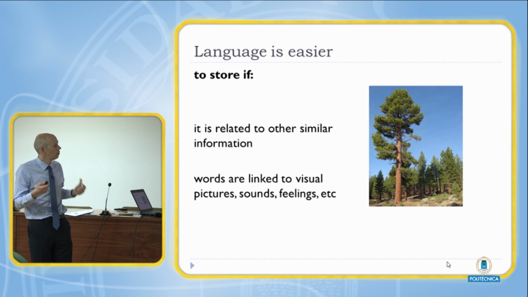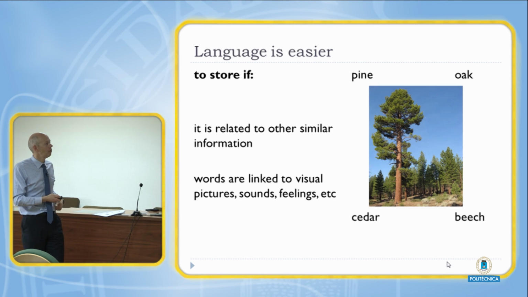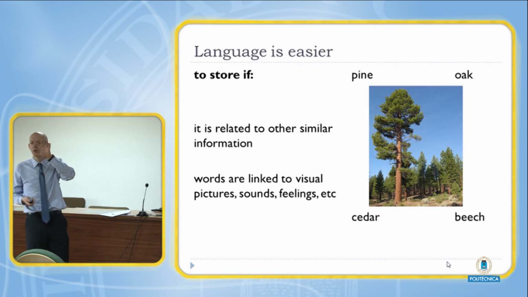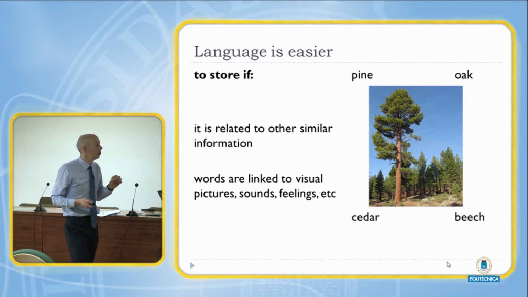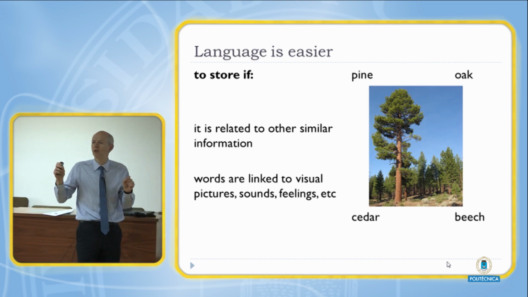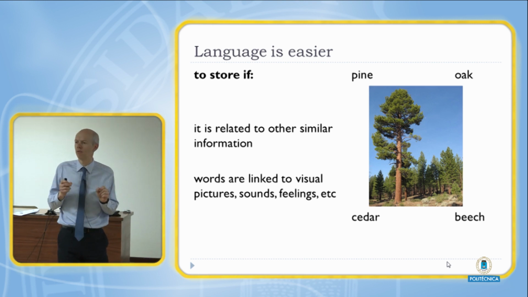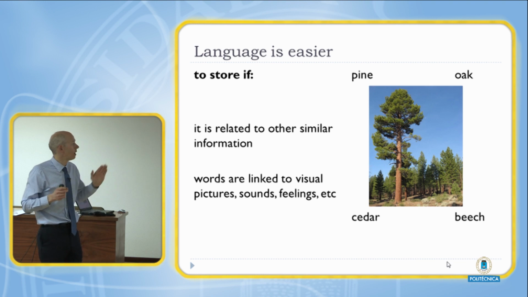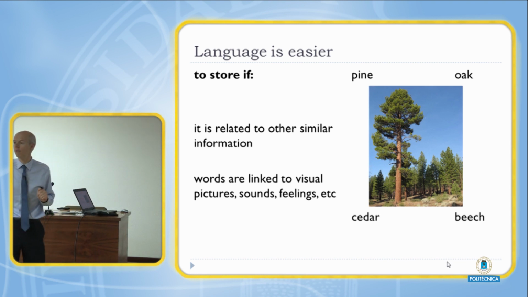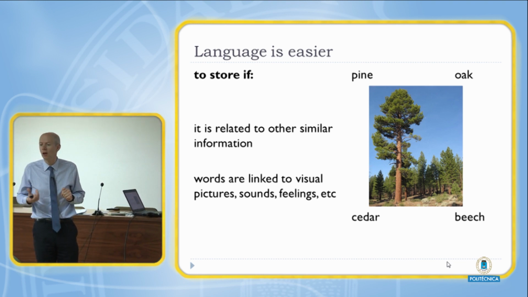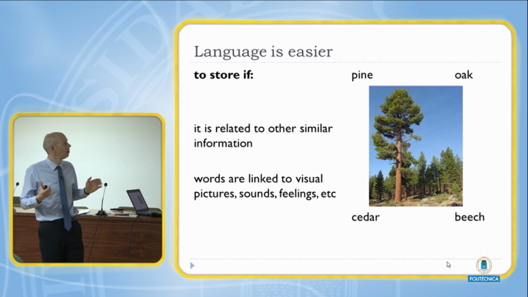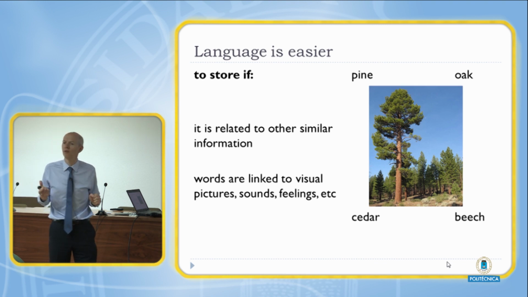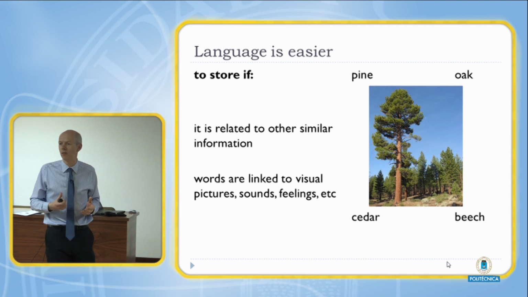So if you're storing language, it's easier if you can relate it to similar information. So for example, you've got your central idea of a tree, and around that you can add other types of tree. On the left-hand side you have coniferous trees, so trees which don't lose their leaves, and on the right you have deciduous trees, trees which do lose their leaves.